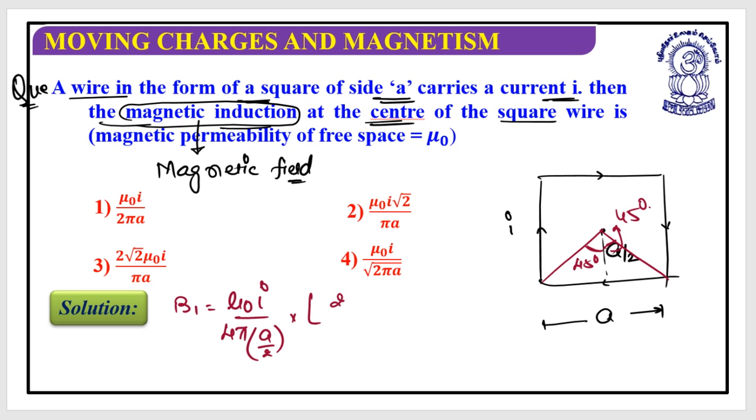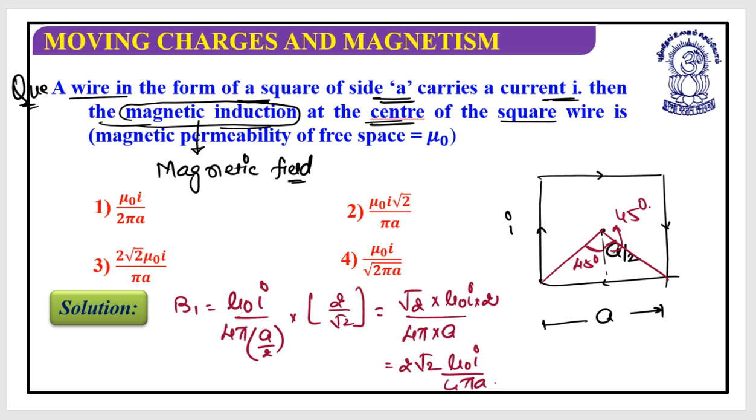It's 1 by root 2 plus 1 by root 2, which should be 2 by root 2. So this is equal to root 2 times mu naught I divided by 4 pi into A into 2. It's 2 root 2 mu naught I by 4 pi A.